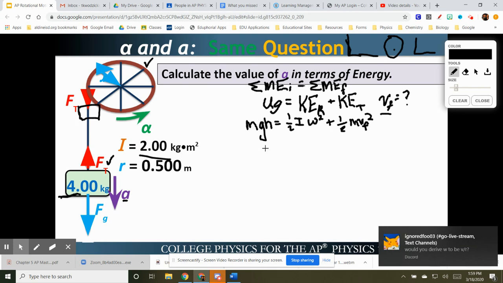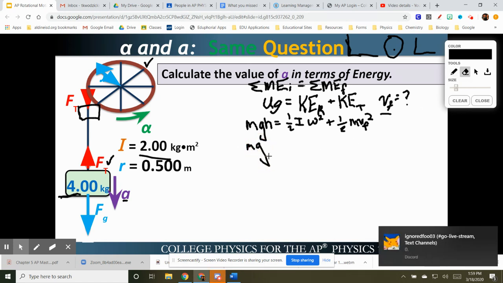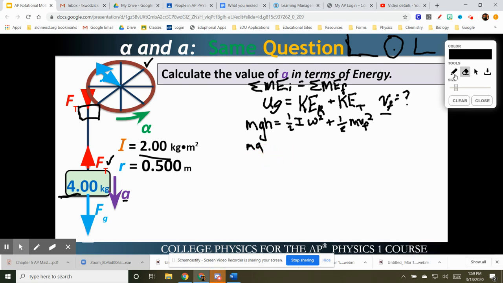Yes, excellent job, Gabe. So we have mgh. Ooh, that looks terrible. So the next step is to take care of that angular velocity, because there's nothing we can do with it. We don't want it. We can change that into linear velocity. Remember, linear velocity is omega times r.